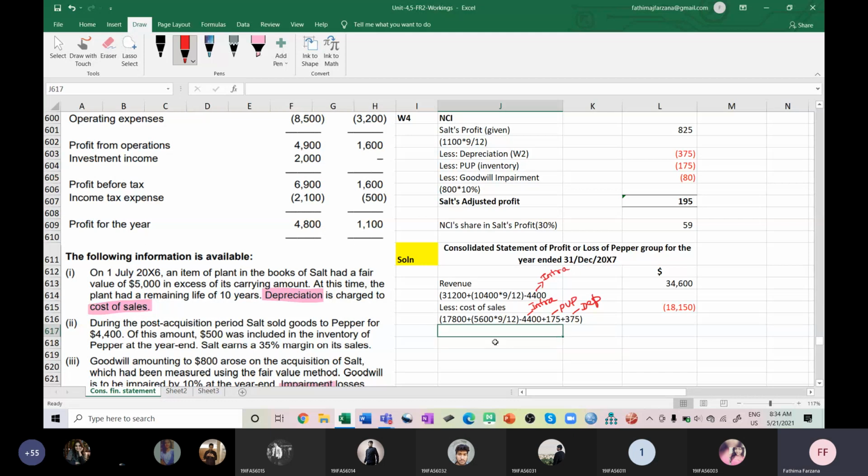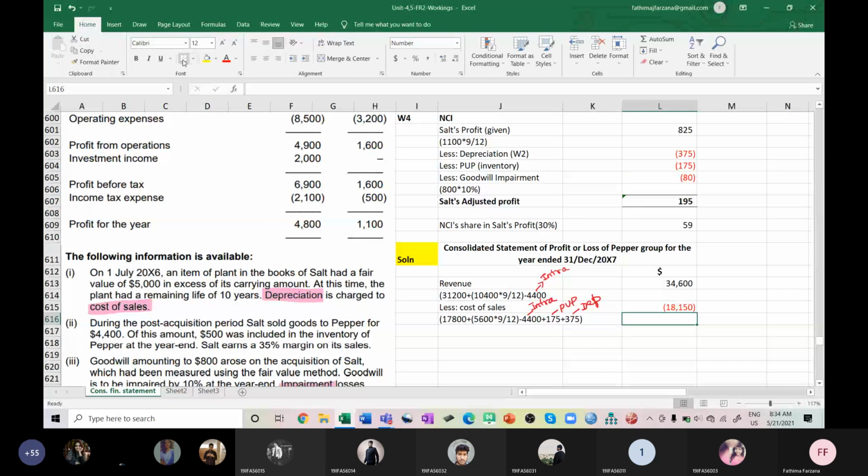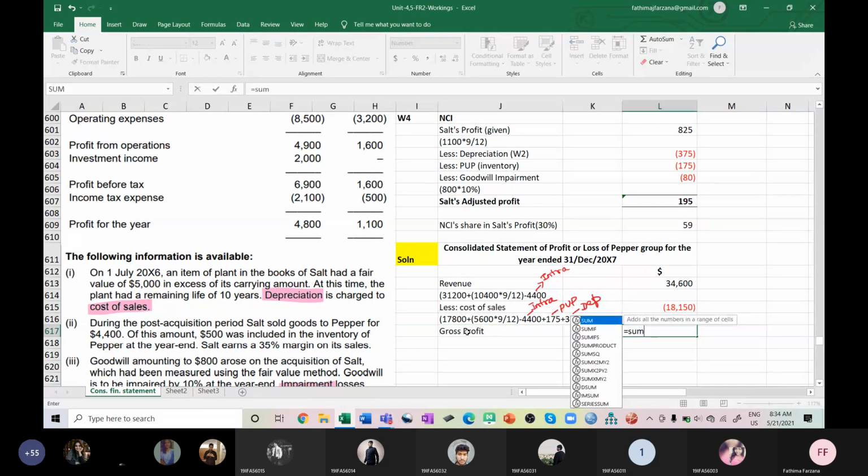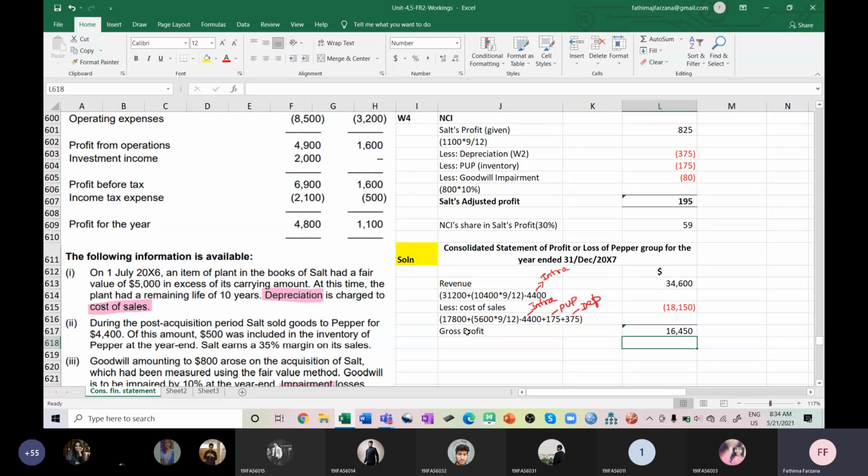Then revenue minus cost of sales. What is it? Gross profit. Next item.